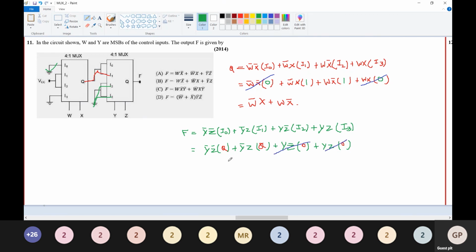Therefore, your expression is Y dash Z dash into Q. What is the value of Q here? Let's see.